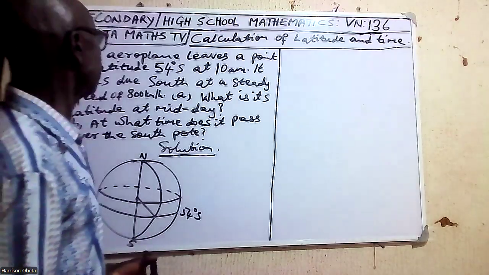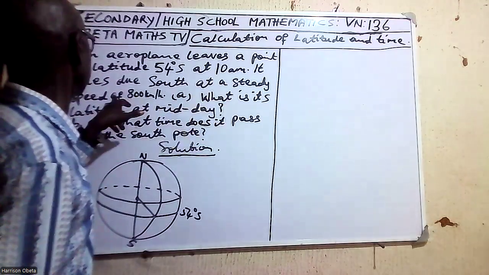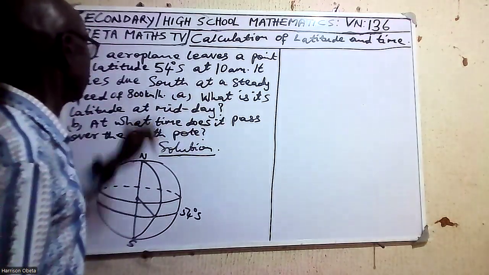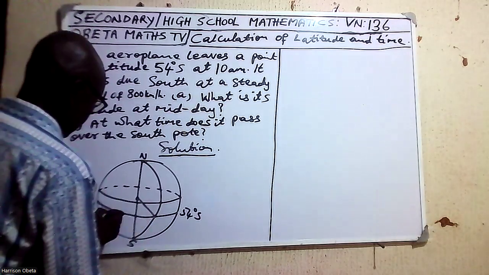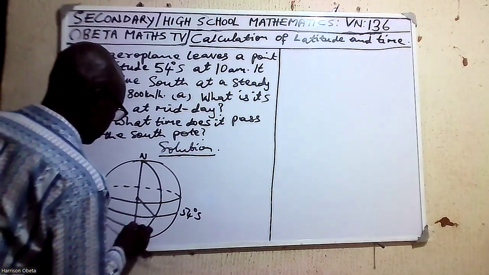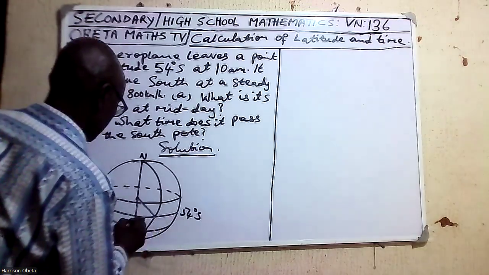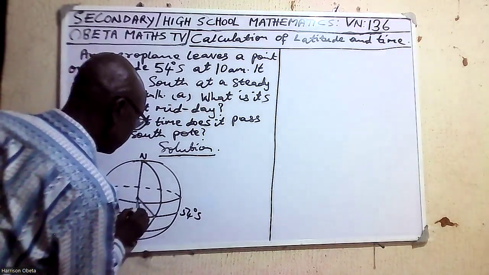And then we are told that it flies due south at a steady speed of this. So let us assume that the other latitude is this place. So that means we are talking of this.